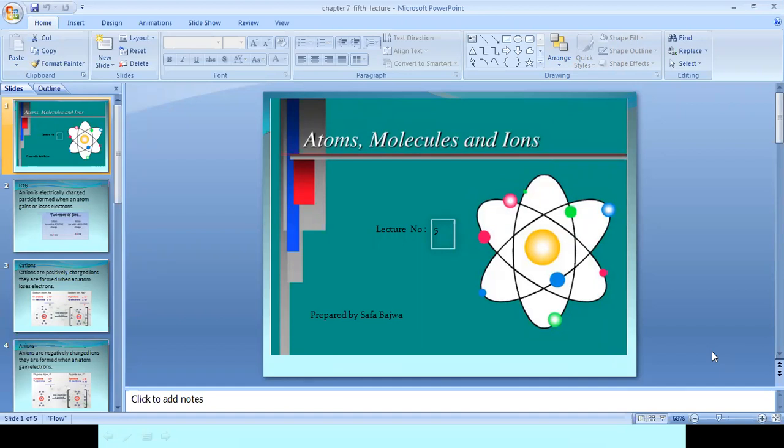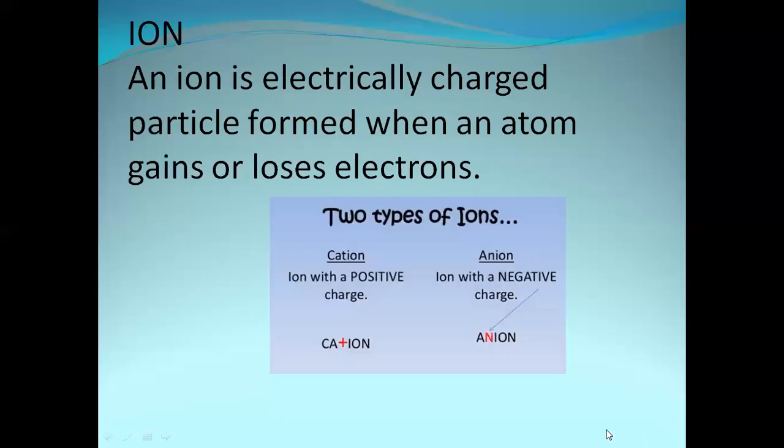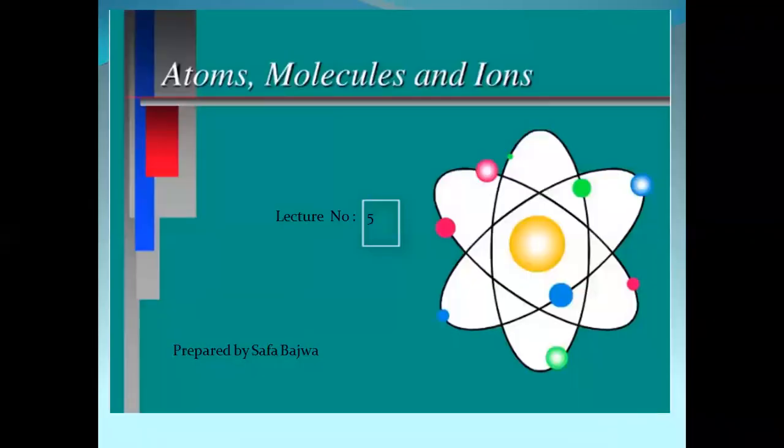I am your science teacher, and today we will be continuing with our chapter number 7, that is atoms, molecules, and ions. I am here with your last lecture of this chapter, that is lecture number 5. In today's lecture, we will see the concept of an ion.